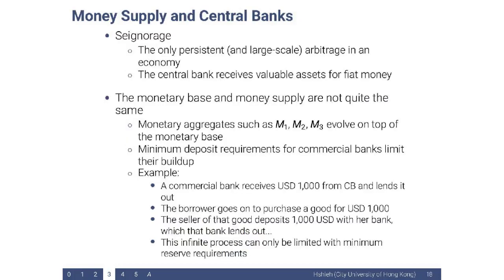All right, so this is just a little bit more institutional background. The fact that central banks can essentially issue their own loans, lend to themselves, and use that loan to buy things is called seigniorage. Okay, that term right there.